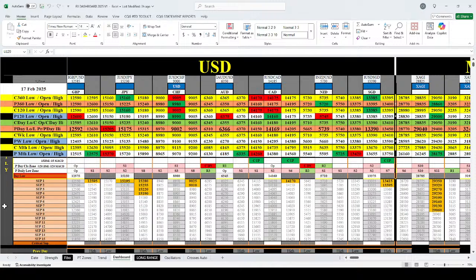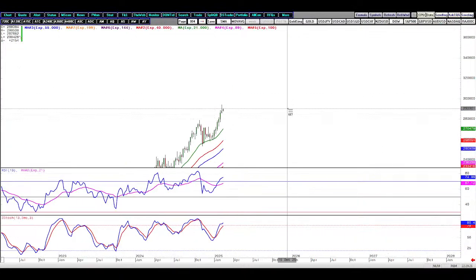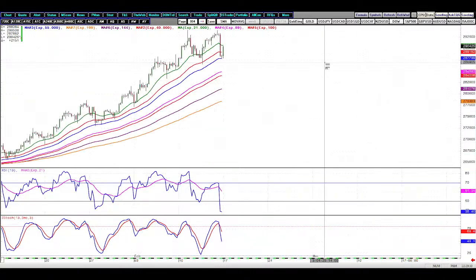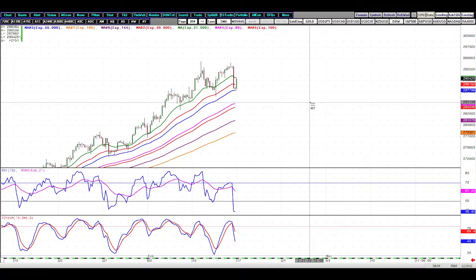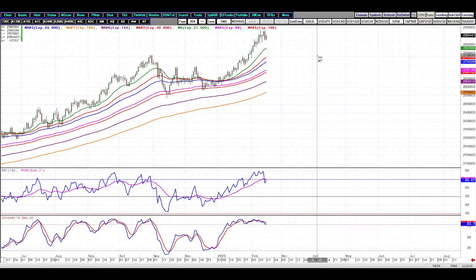Okay, so let's see the chart. Okay, so what we are seeing now is just a correction or pullback.